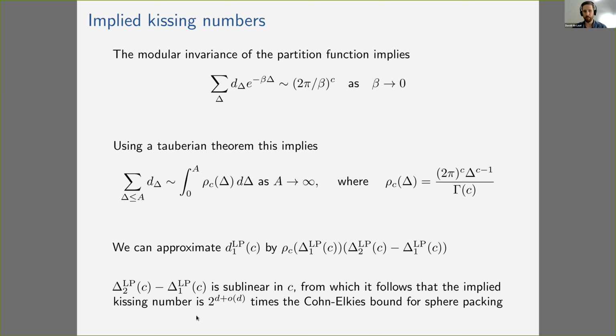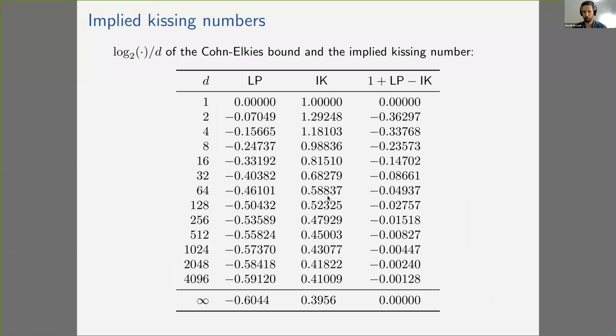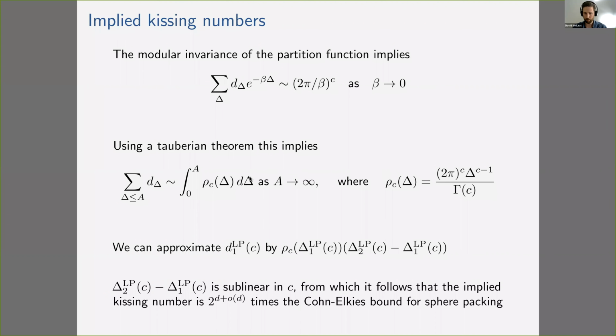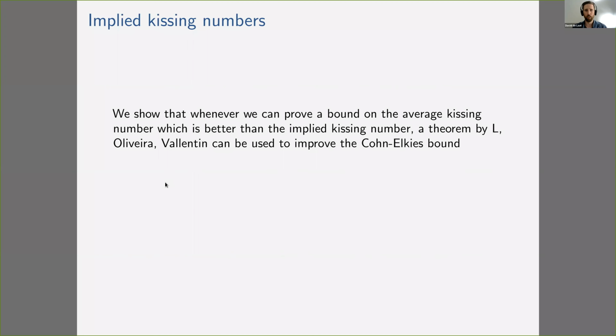And this implies that the implied kissing number is actually 2 to the d times the Cohn-Elkies bound, which is exactly the behavior you see here. As I said, it's not a proof or anything, but it gives us an understanding of this numerical behavior. And I think that's a very nice result of this connection to the modular bootstrap, so that we can also use those techniques in this setting.